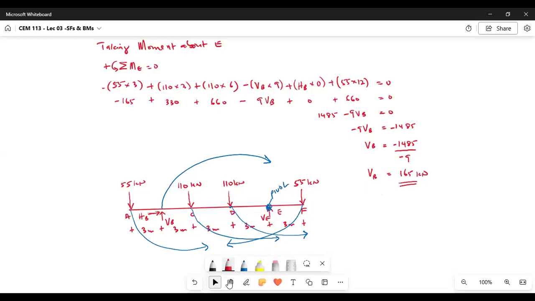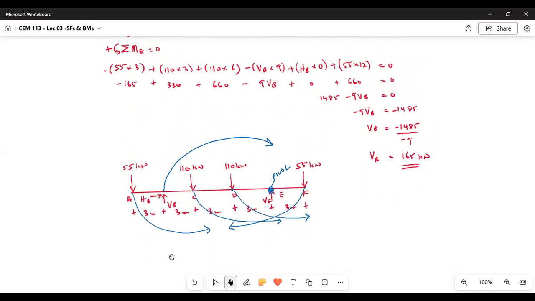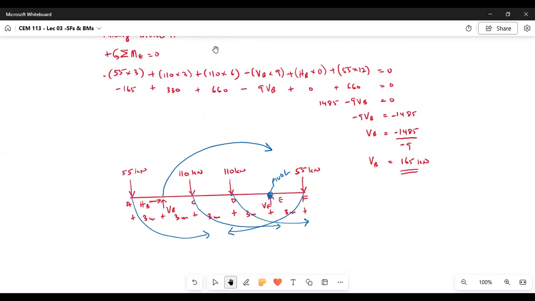So now that we are through with that, okay, Richard Mason has also got 165. That's good. So now that we have got that, we'll proceed to do horizontal forces.